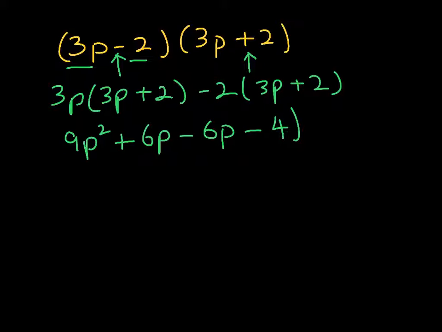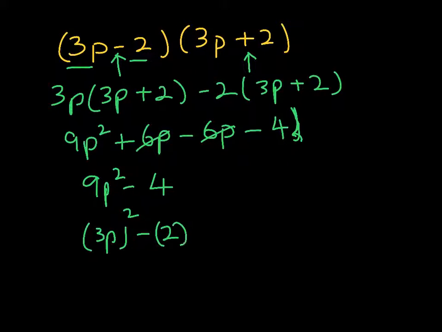Okay, so there are no more brackets, and the 6p cancelled out because one is negative, one is positive. So what we have left is 9p squared minus 4. So this is the same as (3p) squared minus 2 squared.